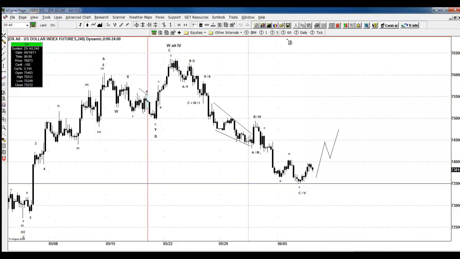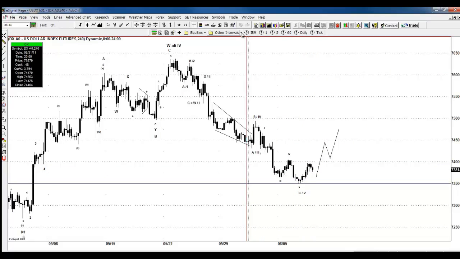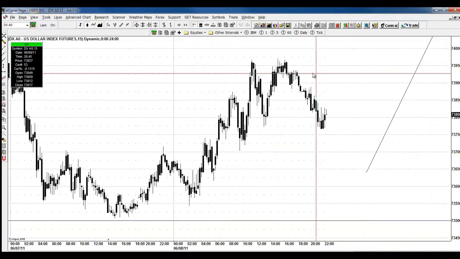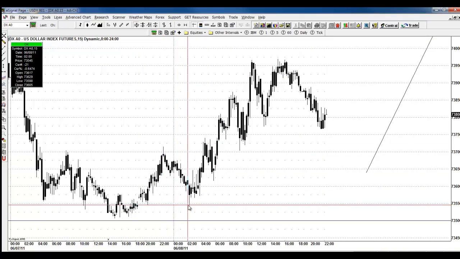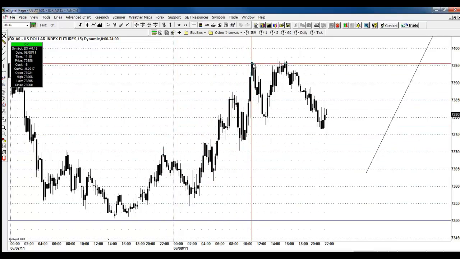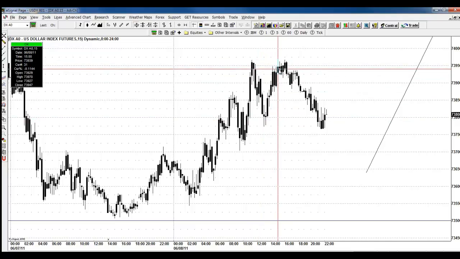Now this is on the 4-hour. Let's concentrate on this part right here and go in as much as we can. Let's say the 15-minute chart. On the 15-minute chart, what we see is 1, 2, 3, 4, 5, 6, 7, 8, and the 9th wave. 9 waves, they are in process.